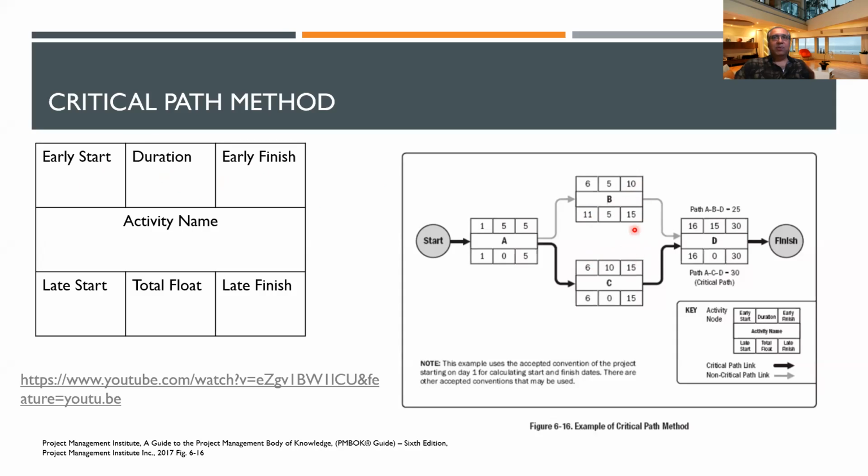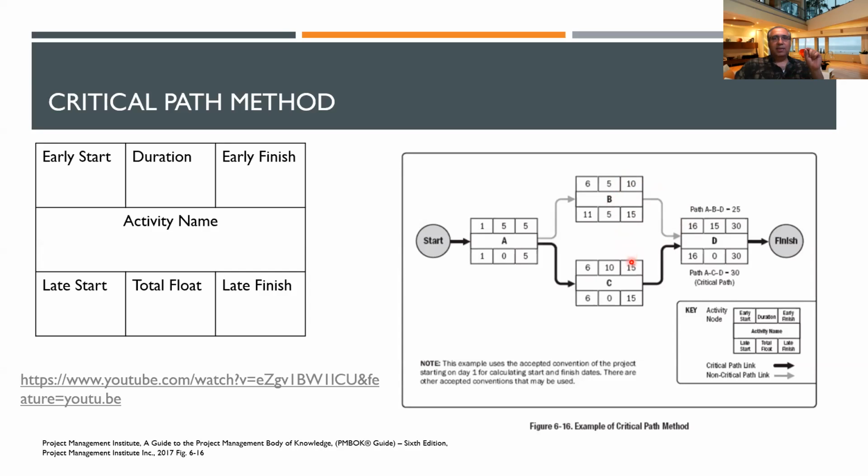Now think you have 2 activities. This finished on the 10th day, this finished on the 15th day. So what is the earliest you can start D? What is the earliest? 16 days, sir. 16th day. And again, anytime you see the next one, it has to be plus 1 day, because if you have 2 activities feeding into an activity, you have to take the higher of the 2.